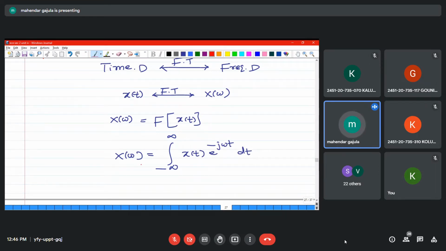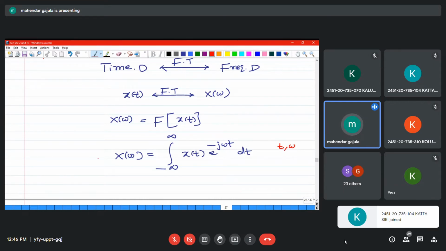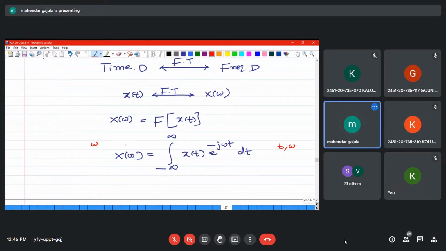If you clearly observe, on the right side t is there, omega is there. On the left side only omega is there. On the left side we want only omega, while on the right side two parameters are there, time and omega. So if we integrate with respect to t, the left side depends only on omega.